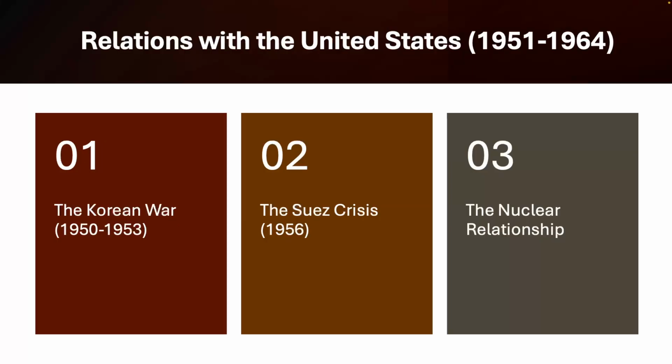We also see that the US is a critical partner in Britain's development of nuclear weapons. They closely worked and cooperated on the nuclear deterrent, with the US sharing atomic secrets with Britain in both the 40s and the 50s. By the early 1960s, however, there were tensions over Britain's nuclear policy. The United States sought to maintain control over its own nuclear arsenal.